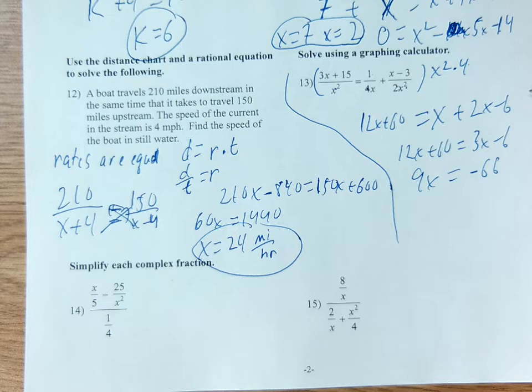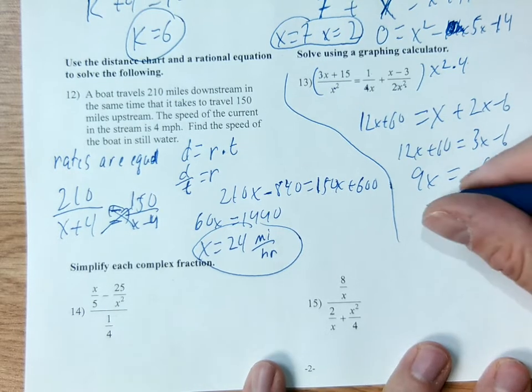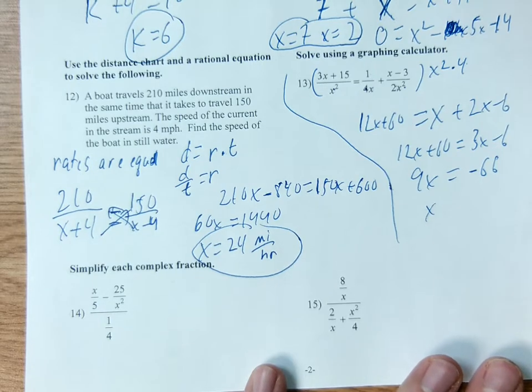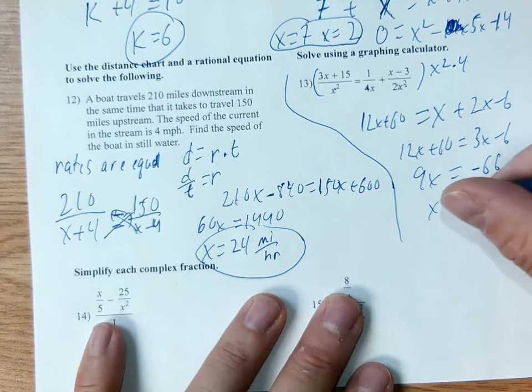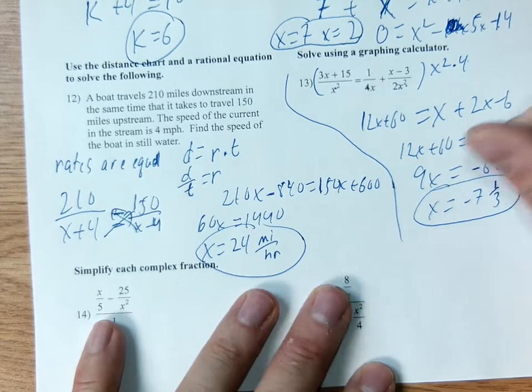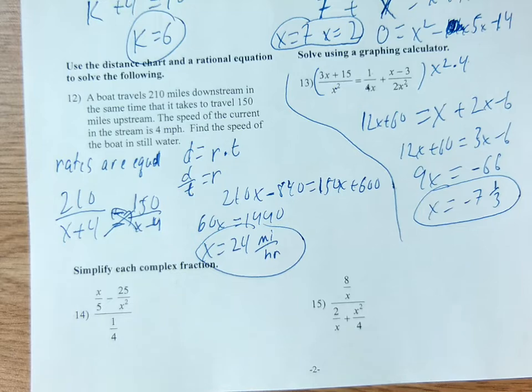Doesn't look like I did. 66 divided by 9 is 7 2/3, or 7 1/3. I'm not spotting if I did something wrong there. And if it comes up as a decimal, it comes up as a decimal there. It might come up as a decimal.